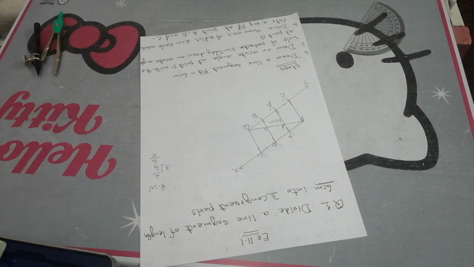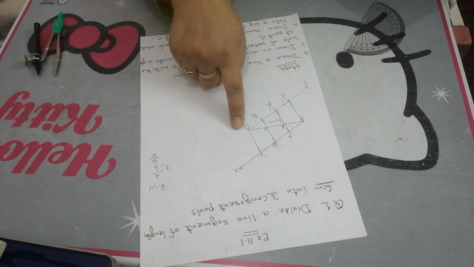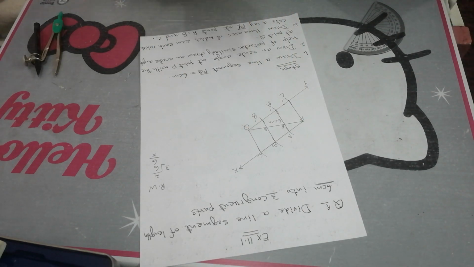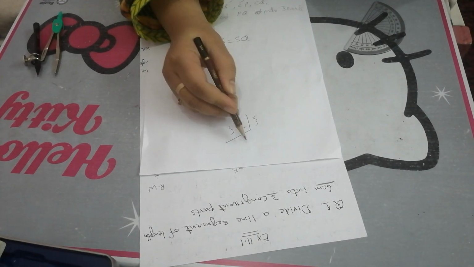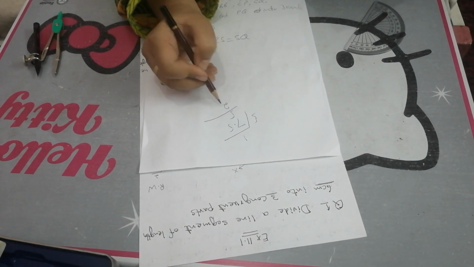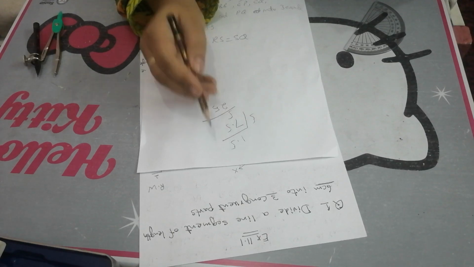In the same way you have to do question number 2. In question number 2, what have you been given? You have been given: divide a line segment of length 7.5 centimeter into 5 congruent parts. So you have to draw a line of 7.5 centimeter and then divide 7.5 by 5. 5 ones are 5, 2 left, 5 5s are 25.